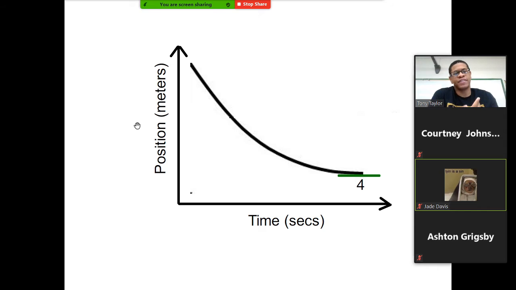As you notice, by the time we get over here, we flatten out. So we're going from steep to flat. Whenever you're going from a trend line that's steep to flat, that always indicates the object is slowing down. So in this case, we're slowing down while moving in the negative direction. Okay, let's keep going.